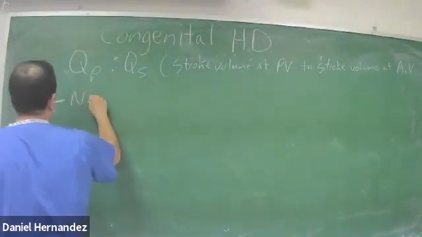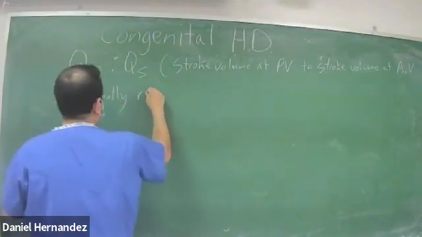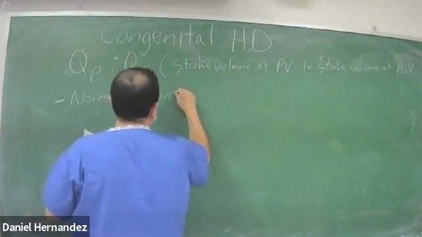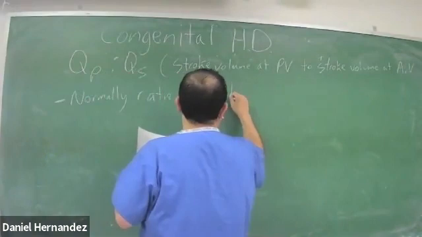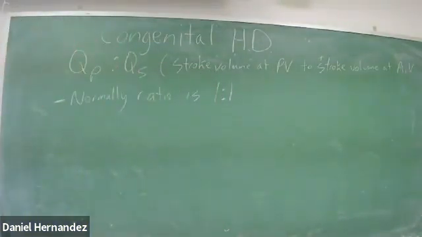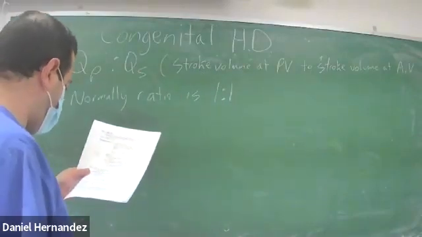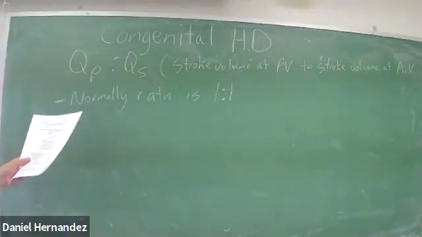So normally the ratio is 1:1. What goes into the right side of the heart is going to leave the left side of the heart. What goes through the right side goes through the left side.